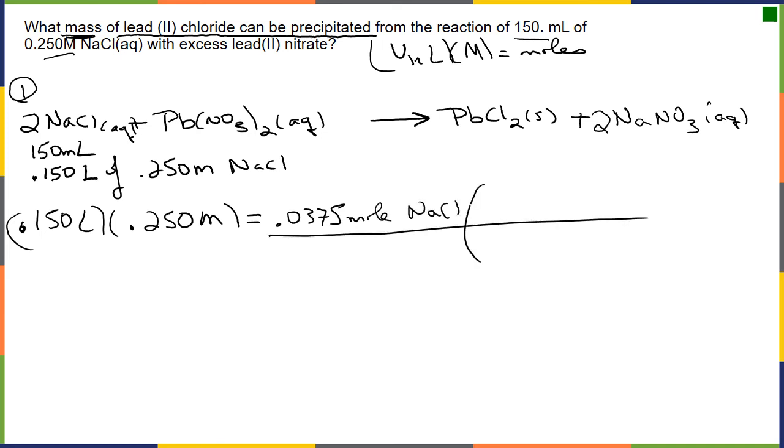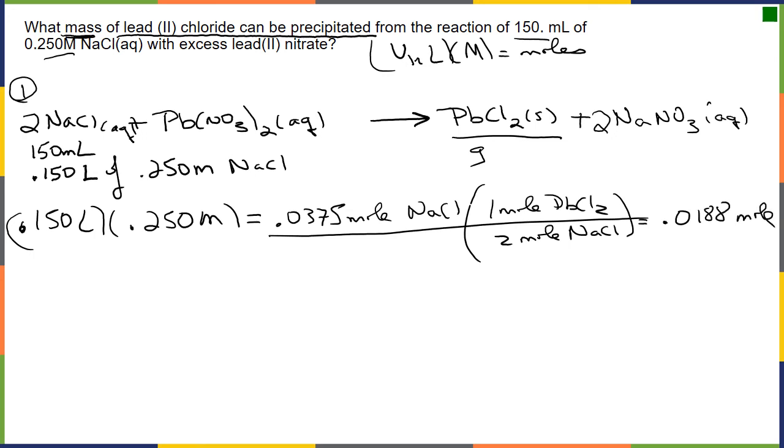Moles of what I have. What I need are grams of lead chloride. Well, from my balanced equation, I know I have 1 mole of lead chloride for every 2 moles of sodium chloride. So I'm going to divide through by 2, and I'm going to get 0.0188 mole of lead chloride.